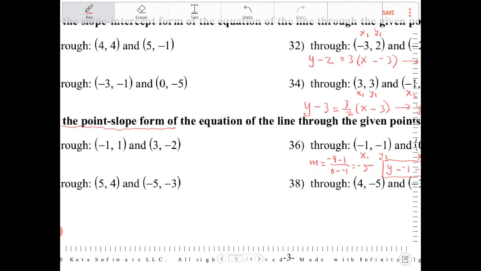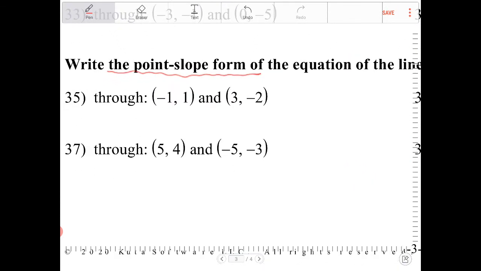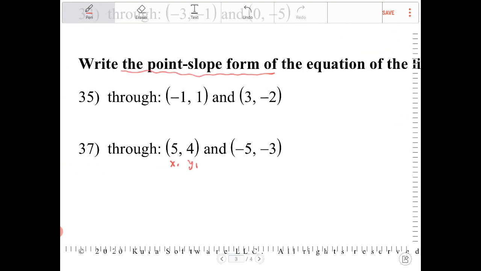Okay, let's take a look at maybe another example. Let's do this guy right here. I have, again, the slope, x1, y1. That's what we got to find out first. The slope value. So I have x1, y1, and then I have x2, y2. And we're going to find out what the slope value is. The slope is equal to negative 3 minus 4 over negative 5 minus 5.